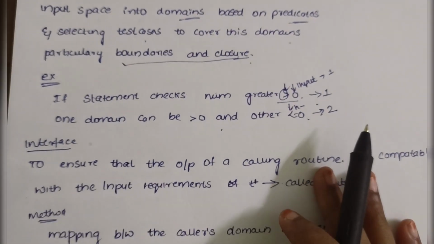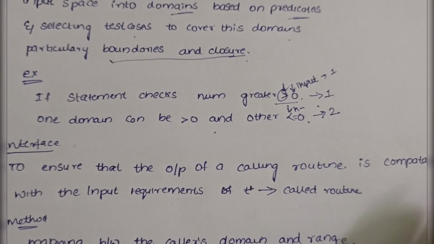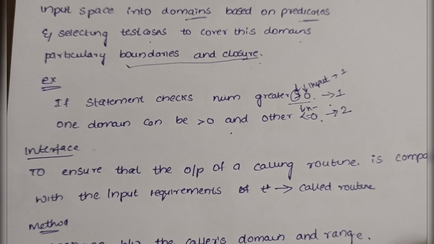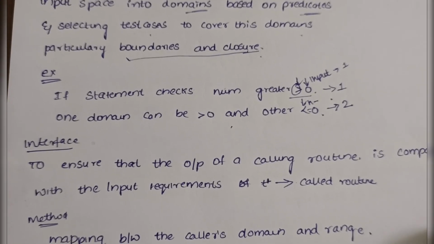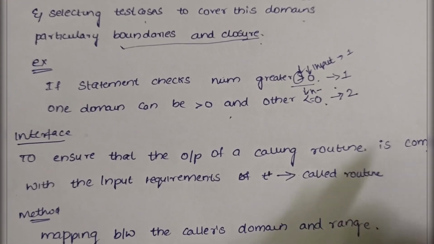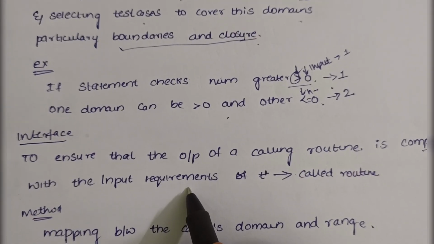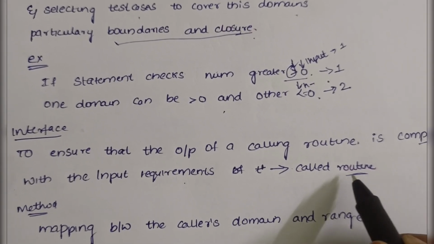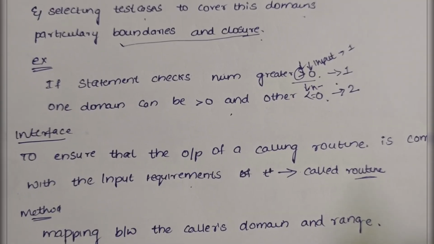Coming to the interface, it is about ensuring the output of a calling routine is compatible with the input requirements and values of the called routine. The calling routine can also be called the caller.